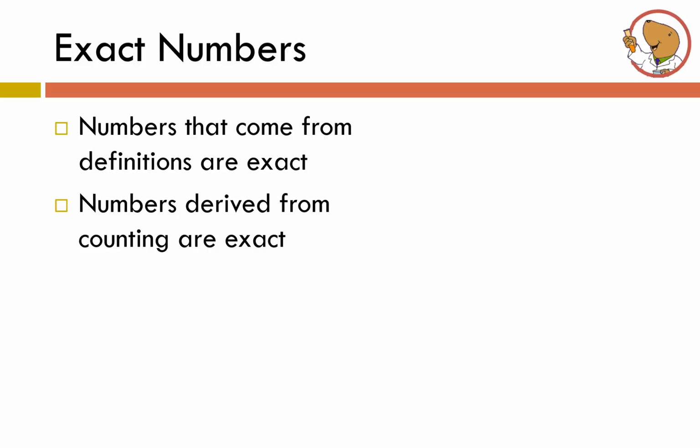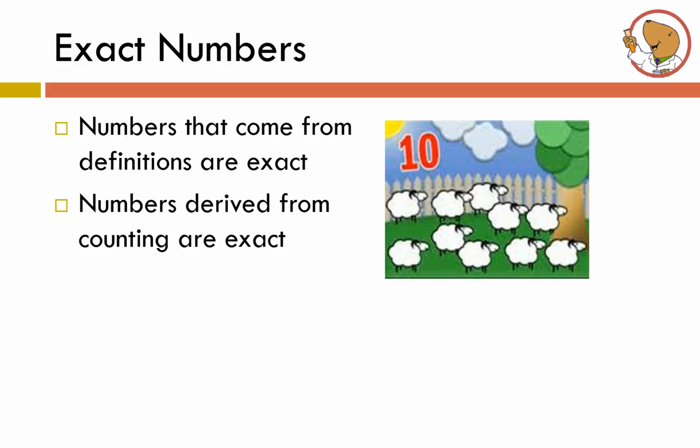So if I was taking an average of 3 numbers, let's say, I don't have to pay attention that the number 3 only contains one significant figure. I can just disregard it because that's considered an exact number because it was derived from counting. So I could say there are 10 sheep here. It doesn't really matter how many sig figs there are. We just consider it correct to an infinite number.